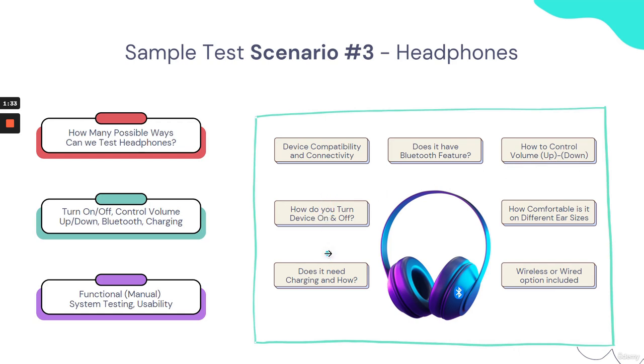Does it actually need charging and how does it charge? How comfortable is it on different ear sizes, from small, medium, or large ears? And is it a wireless or wired option, which is very important because wireless headphones and wired options have different types of settings and different types of tests in this scenario.